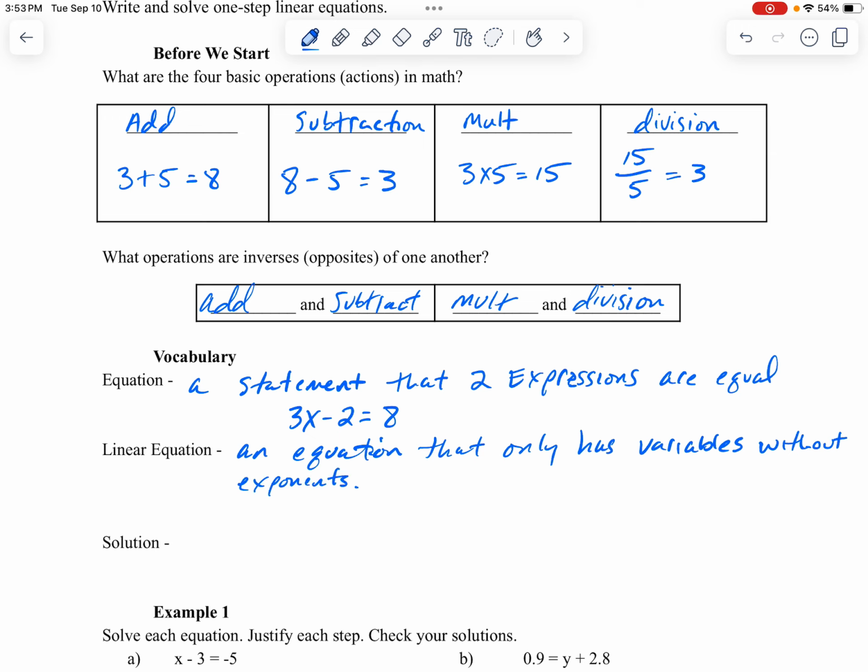I'll show you an example of that in just a second. Also, the main reason they're called linear is because the graphs of these equations are straight lines.